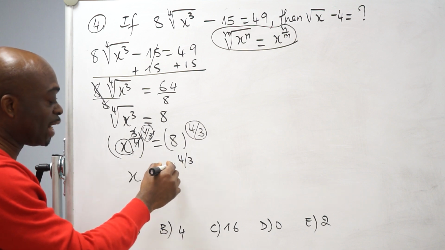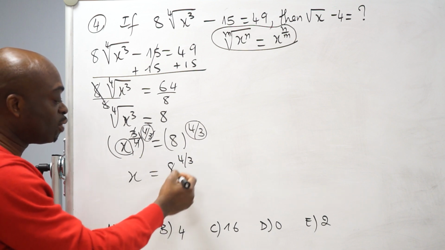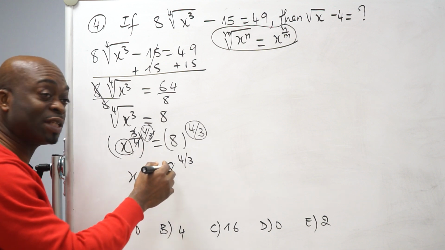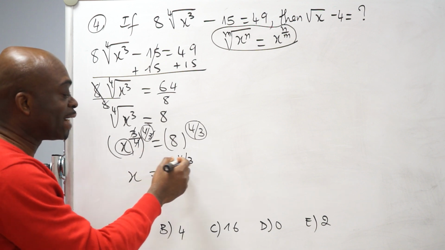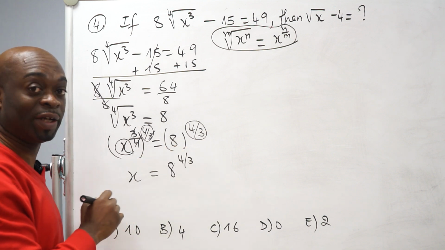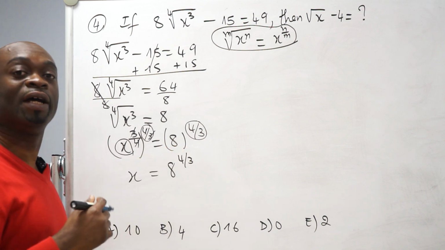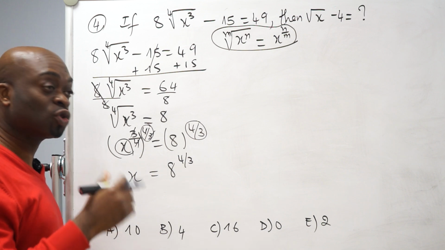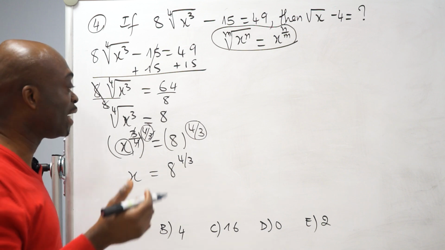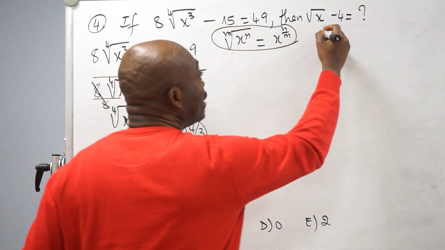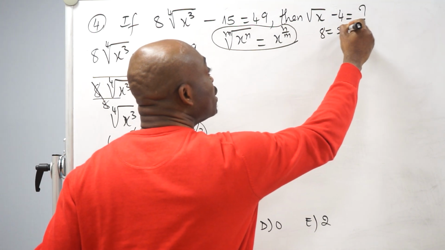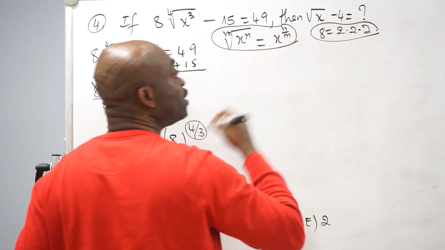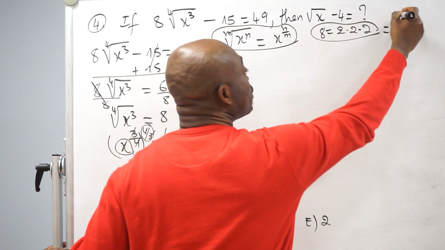We're going to have to work this one out. To work this one out, the best thing to do is always look at the number here and ask yourself: how can I break this number down so that I can simplify it with the power here? So that means 8. 8 could be 2 times 2 times 2, right? 2 times 2 is 4, times 2 is 8. We all agree? So that's the same thing as 2 to the third power.